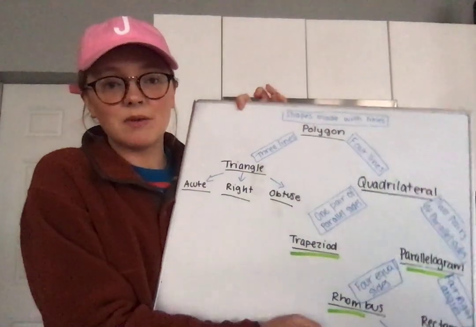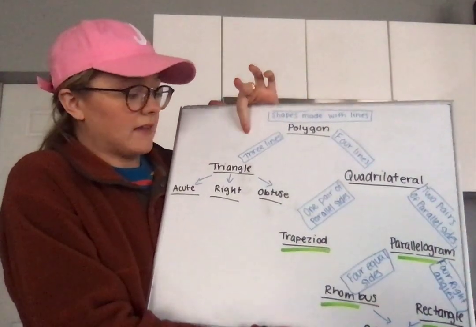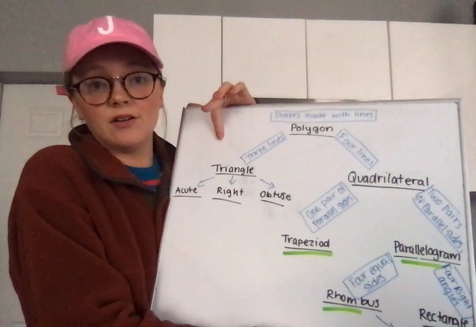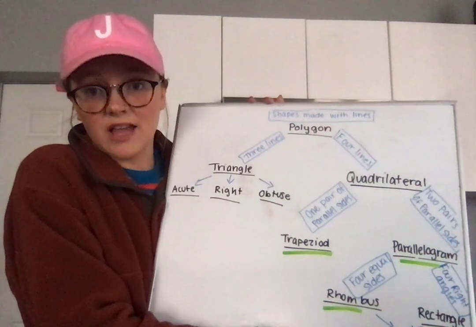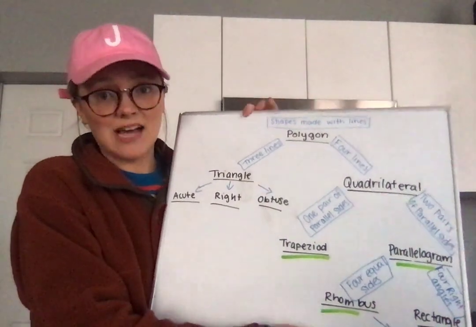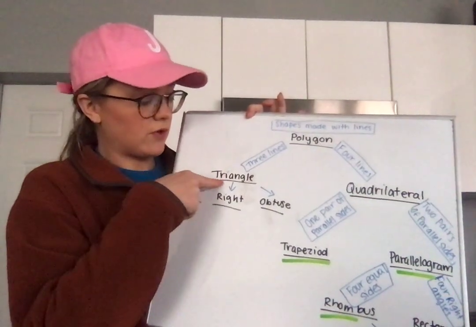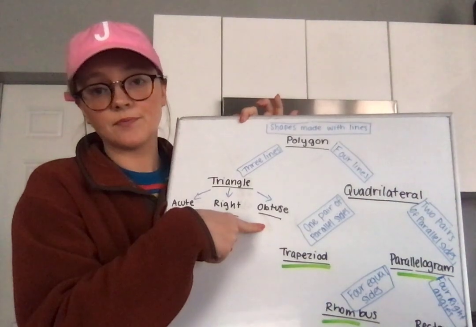Then polygons can be broken into two categories. They can be made with 3 lines, which we call a triangle, or made with 4 lines, which we call a quadrilateral. We have already talked about triangles, and that's not our topic for today, but we can review that the triangles we know about are acute, right, and obtuse.